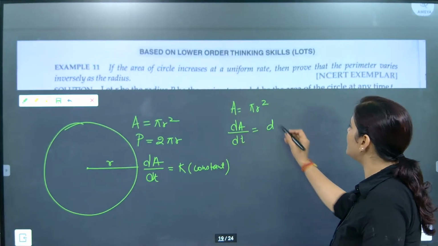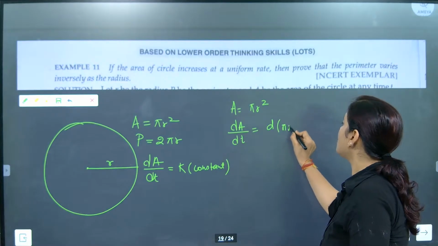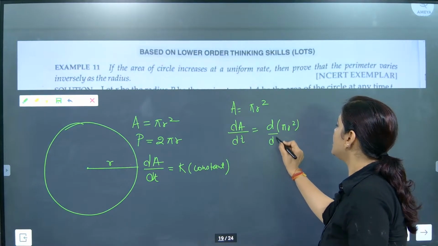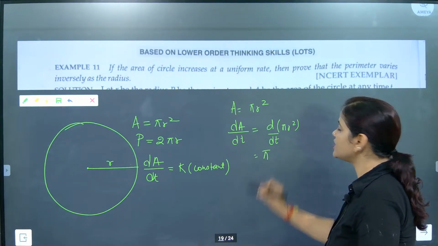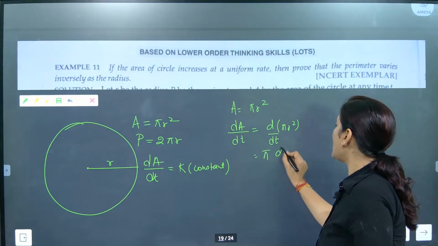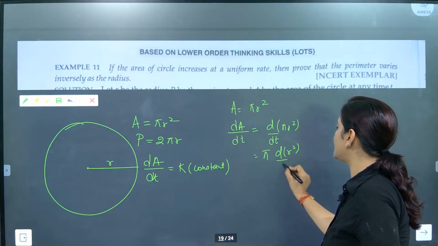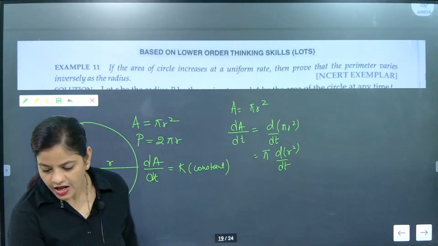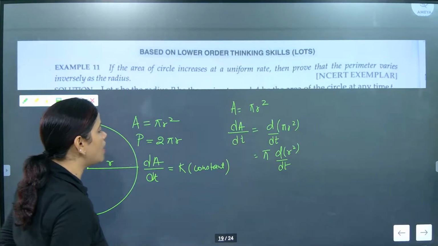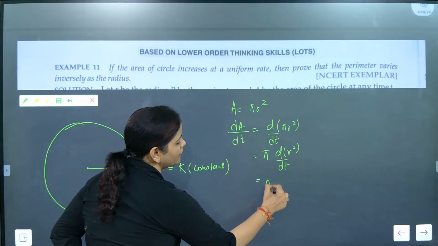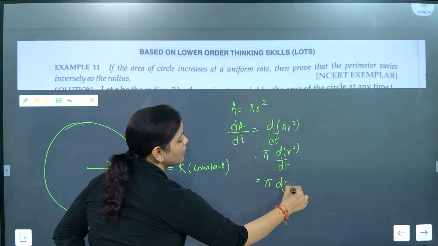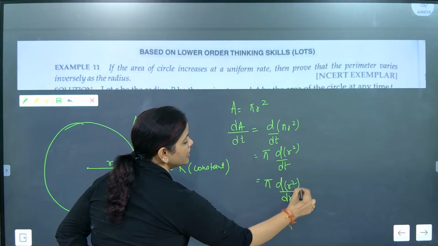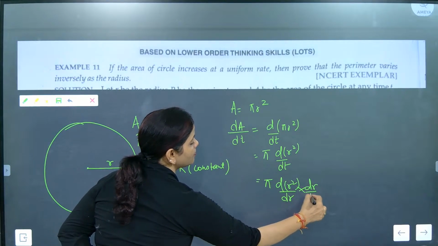So what we will be writing: differentiating pi r square with respect to t. But beta, pi is constant, so pi will come out. Now r square will be differentiated with respect to time t. So we write d of r square by dr into dr by dt.